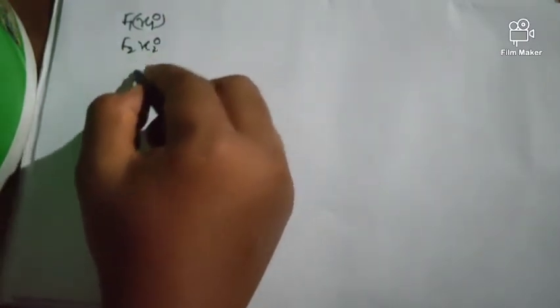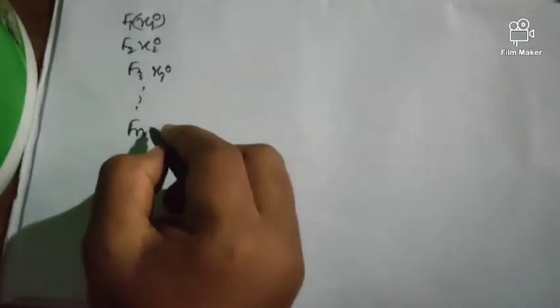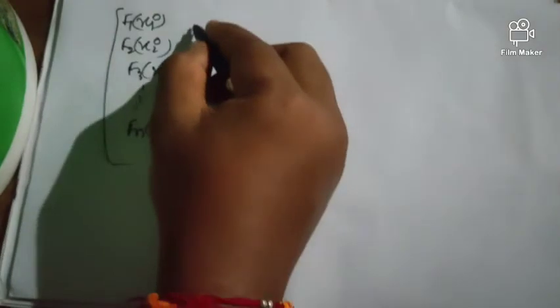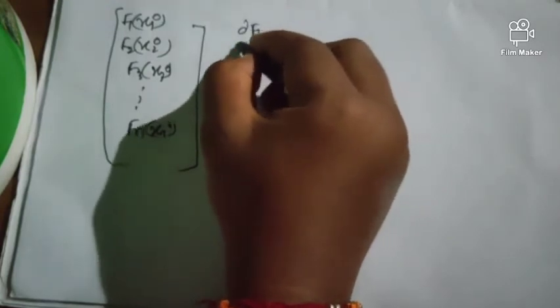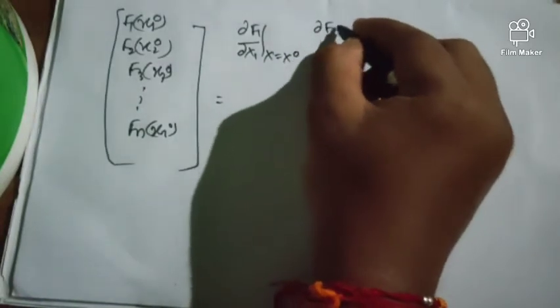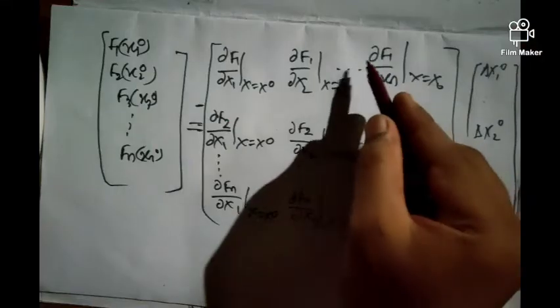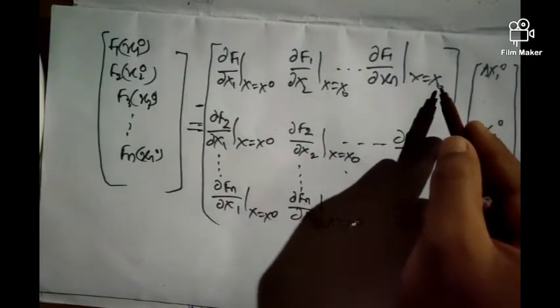Let's see our matrix form: f1(x^0), f2(x^0), f3(x^0) up to fn(x^0), equal to the matrix whose first row is del f1 by del x1 at x equal to x0, del f1 by del x2 at x equal to x0, like that up to the nth term del f1 by del xn at x equal to x0.